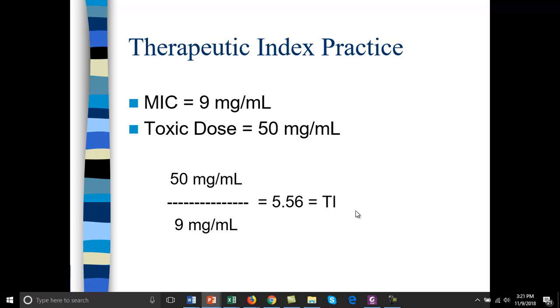So that's pretty good, but say I have a different antibiotic that has a therapeutic index of 8. I would probably pick the one that has a therapeutic index of 8 because it's higher and it's going to be less of a threat to humans. Okay, it'll be able to effectively kill the bacteria without causing harm to the human host.